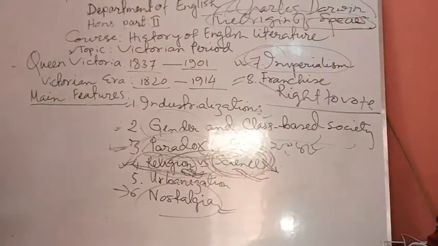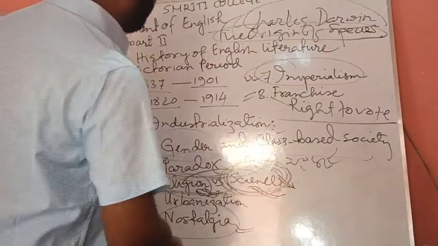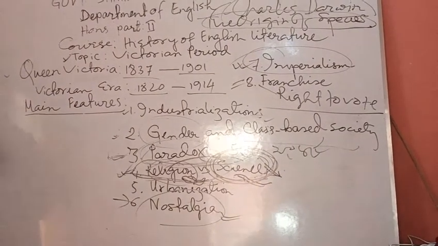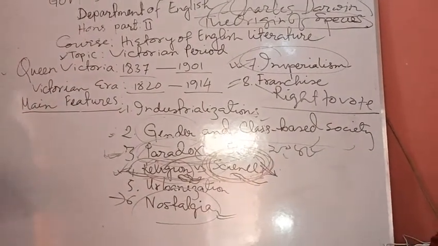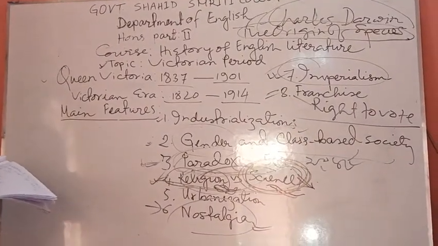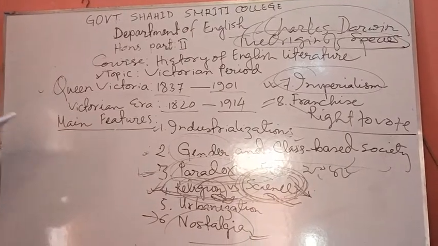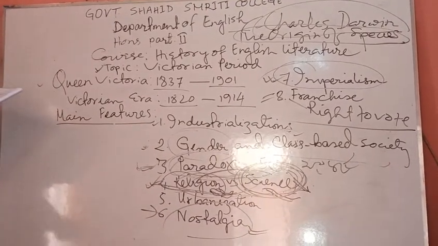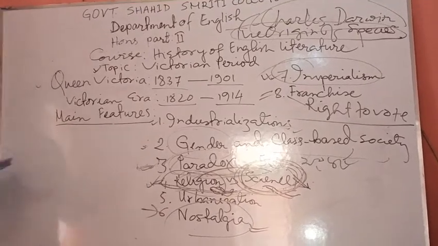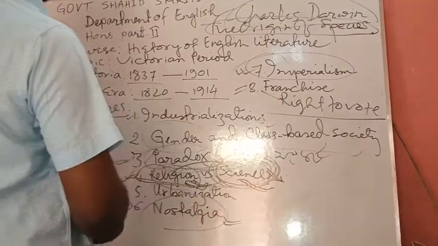So they raised the question of having voting rights, and two acts were passed in the parliament which gave them voting rights. So this is almost about the Victorian period in brief.